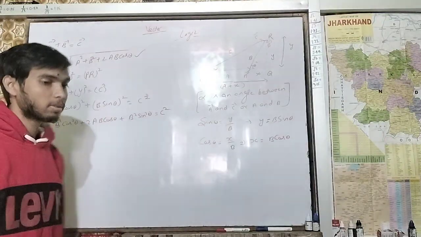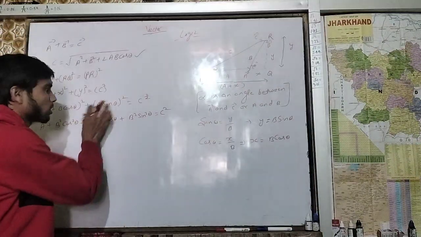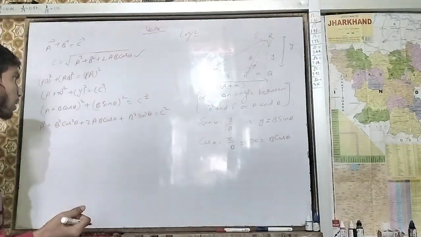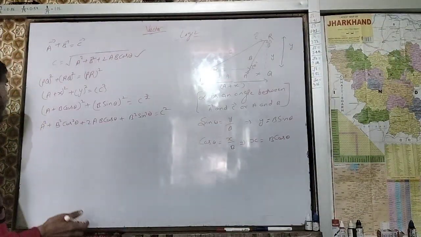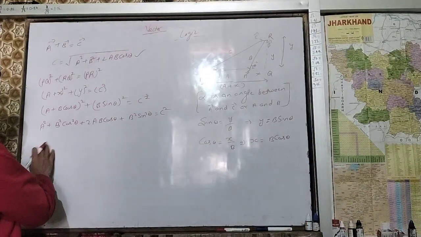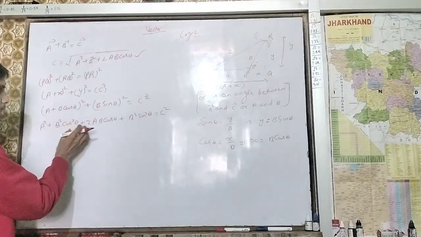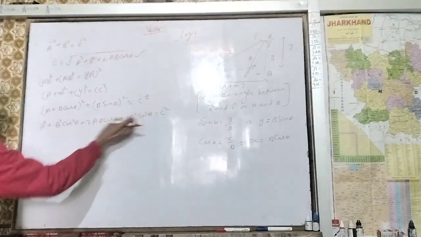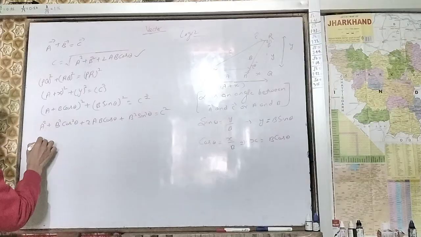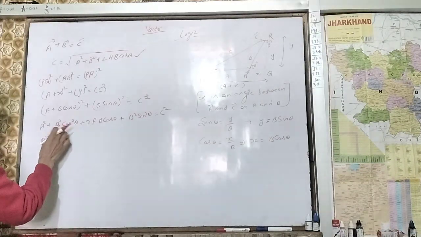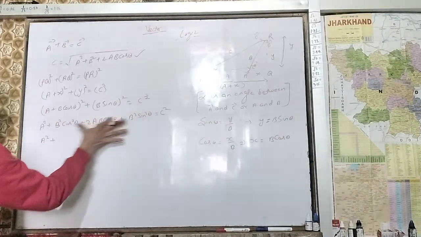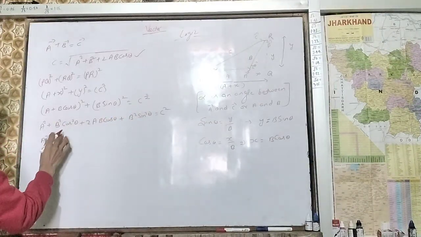All these terms came by using the algebraic method. We can write it like that. We will shift this with this, so a square, because from these two terms we are getting b square as common.